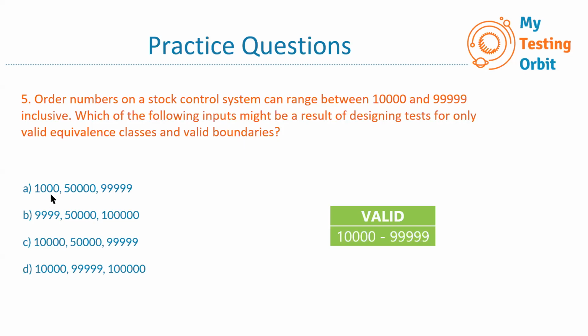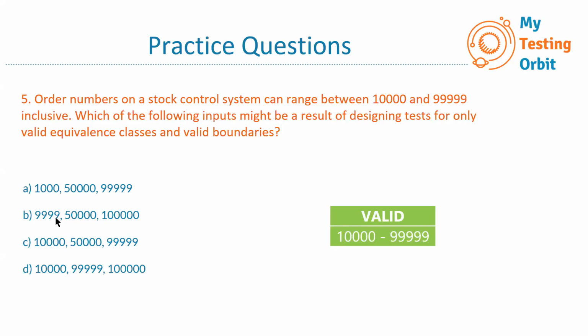Okay, so the first one is 1000, which definitely is invalid. So this is out of the question. This is incorrect. Second one is 9999. And then we have 50,000.